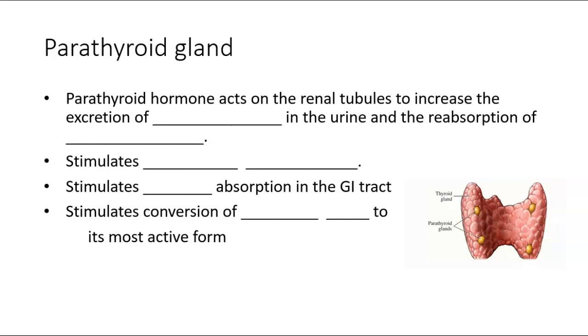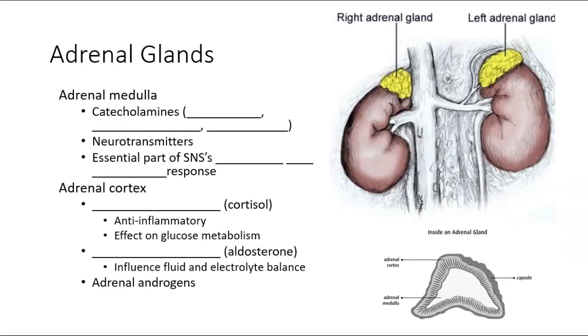So as we continue our walk on down the body, we're going to take a stop here at the adrenal glands. So the adrenal glands are located at the top of each kidney. So you have a right and a left adrenal gland. And there are various parts of the gland that you are responsible to know.